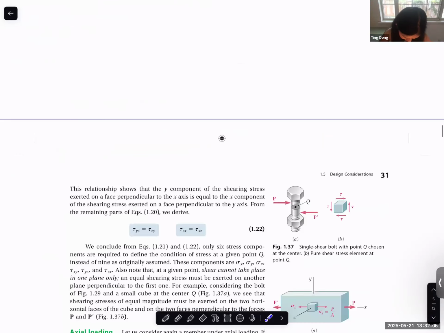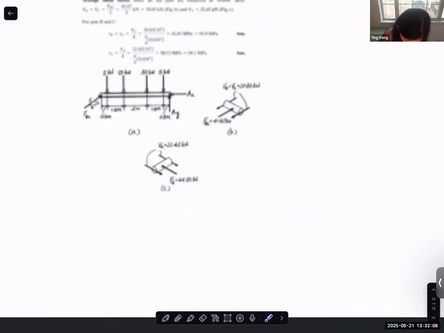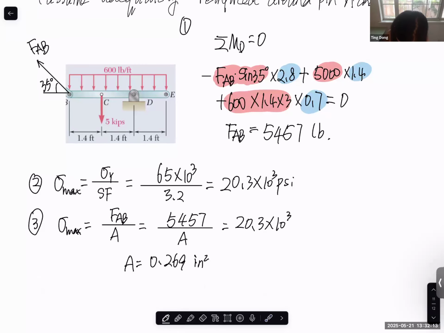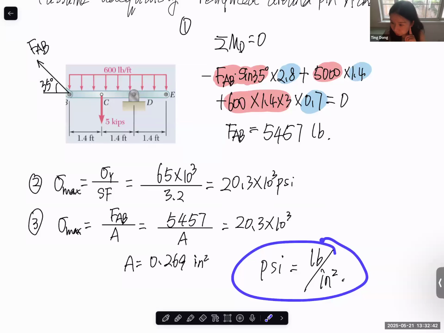So let me write here: PSI equals pounds per square inch. Let's do one by one. So for the first question, is this part clear? Did I answer your question?